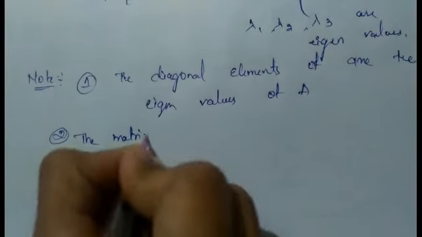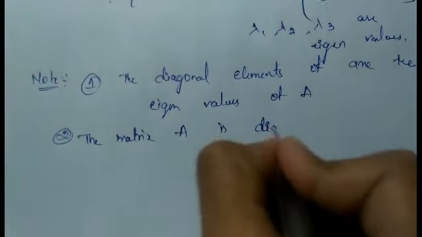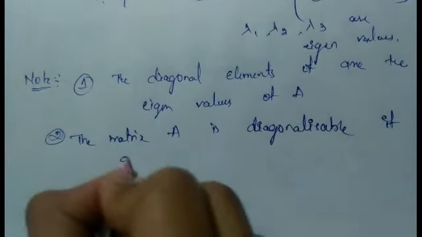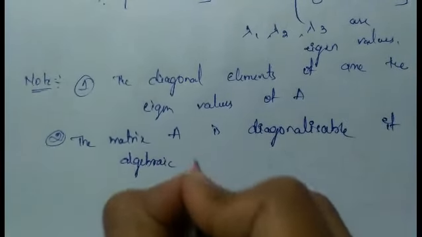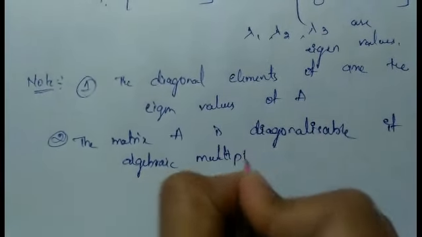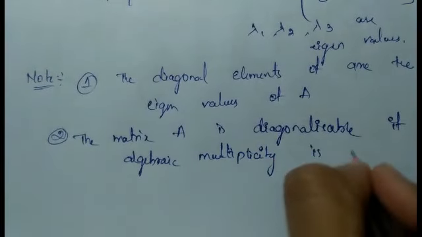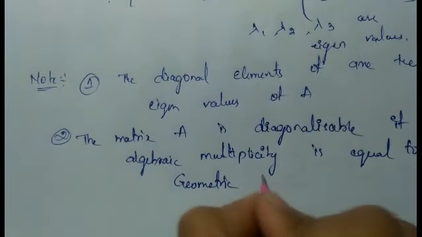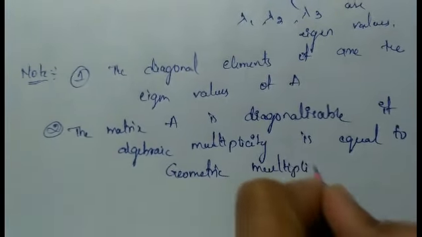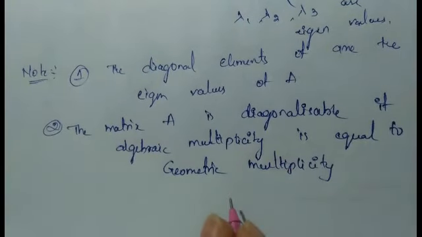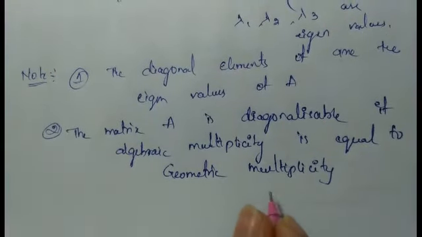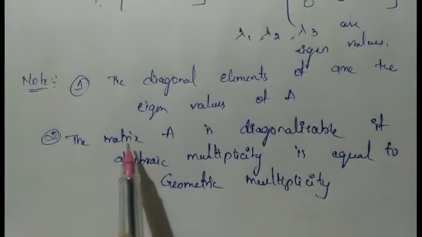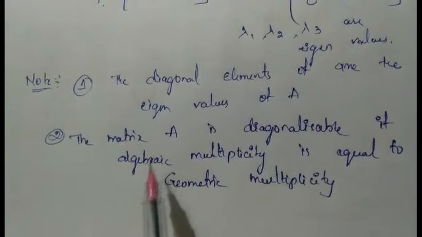The matrix A is diagonalizable if the algebraic multiplicity is equal to the geometric multiplicity. We have discussed what algebraic and geometric multiplicity are in the previous video. If algebraic multiplicity is equal to geometric multiplicity, then we can tell that the matrix A is diagonalizable.